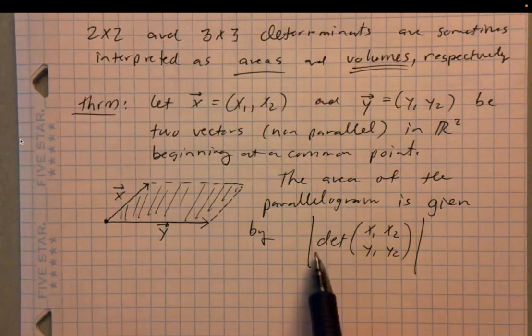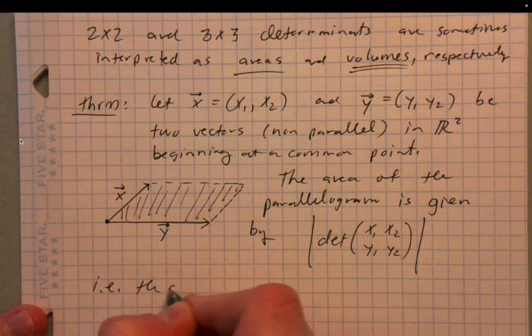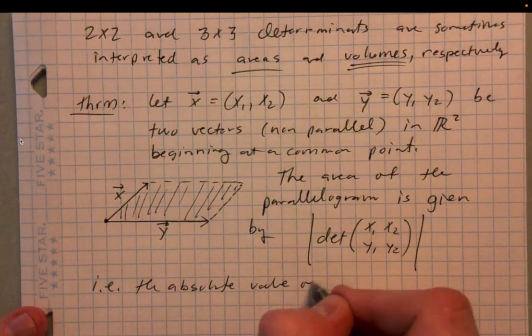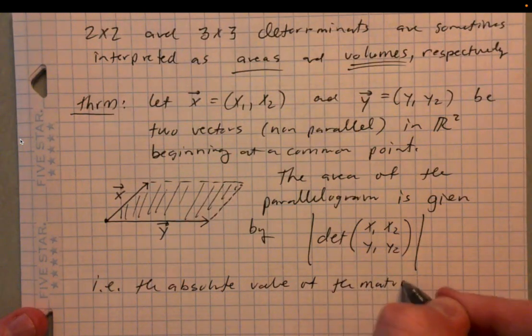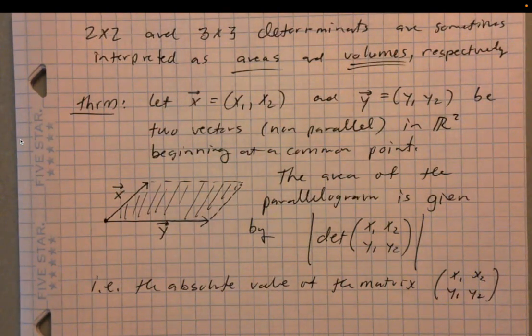I'll write the word det, determinant, i.e., the absolute value of the matrix x1, x2, y1, y2. Very cool, right? The area of the parallelogram implied by these two vectors x and y can be found using the determinant.